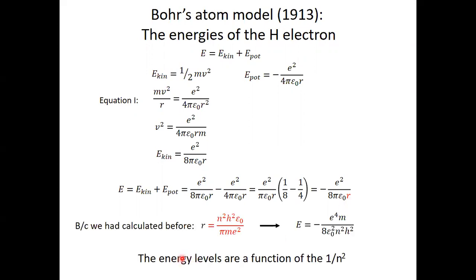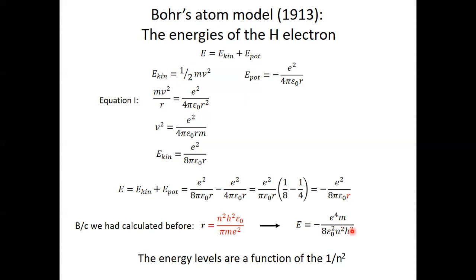So we can insert this term for r, and then the mathematical expression becomes E is equal to minus e to the power 4 m over 8 epsilon 0 squared n squared h squared. Now let us analyze this result again.